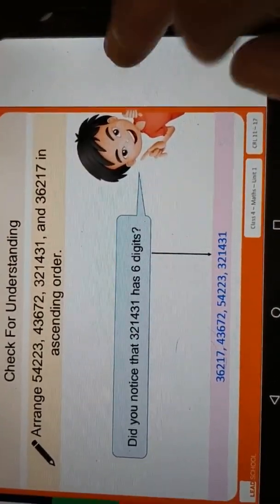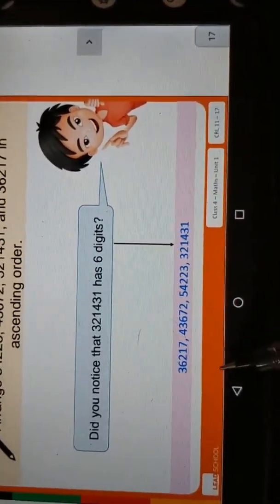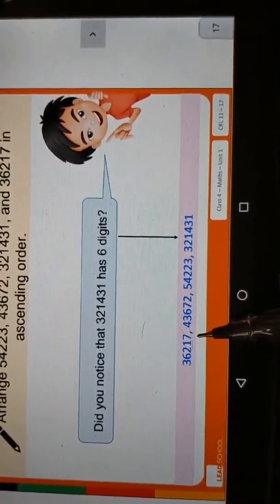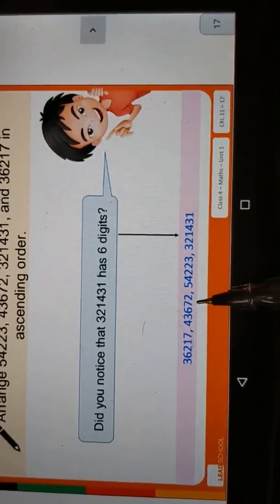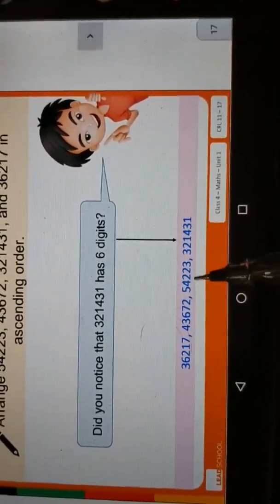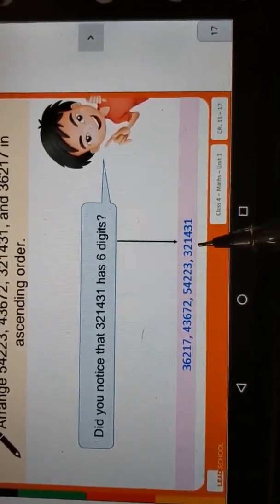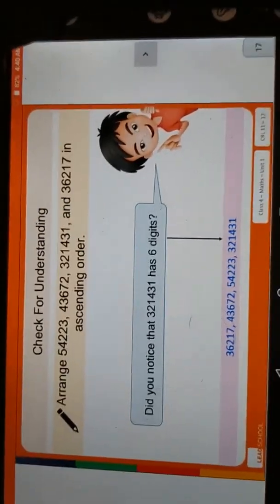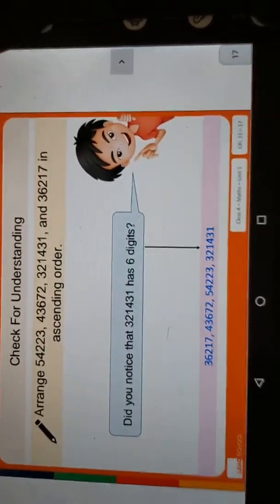So our answer is 36,217 as the first smallest number, 43,672 that is bigger than the 36,000, 54,223, 3,21,431. Now students, I'll give you 1 minute. You have to complete your work. You have to write this example in your notebook.